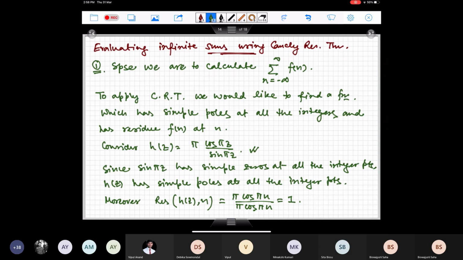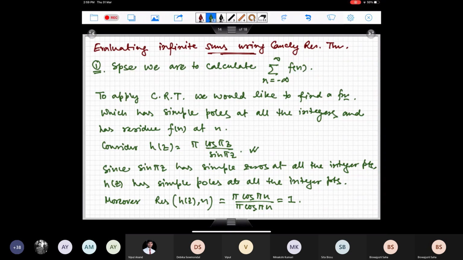When we multiplied with f, that gave us residue f of n. This time we want to sum minus 1 power n times f of n. So our job would be to find a function which has simple poles at, let's say, all integer points, and the residue should be minus 1 power n.